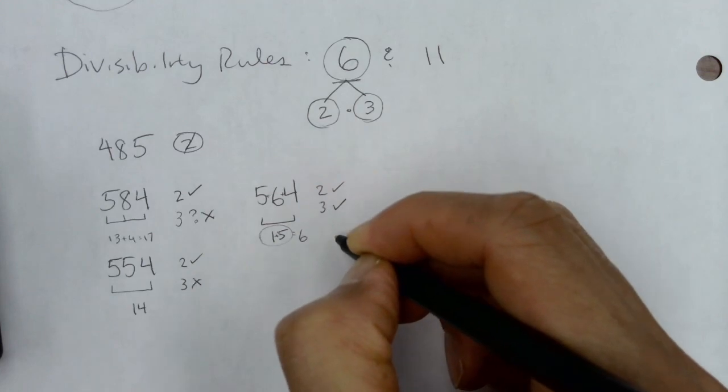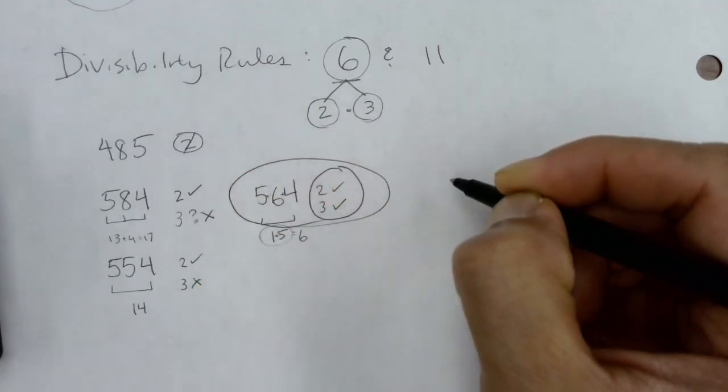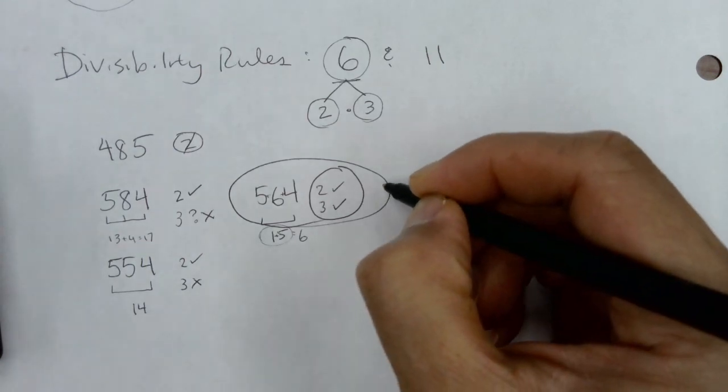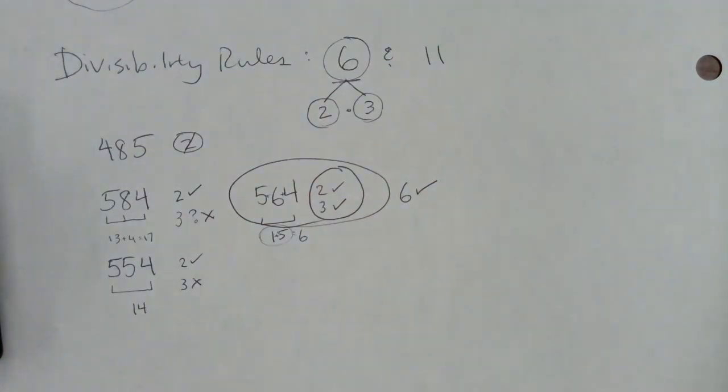So since it's divisible by 2 and 3, then it is divisible by 6. So for 6, you just use two different rules and check that it works.